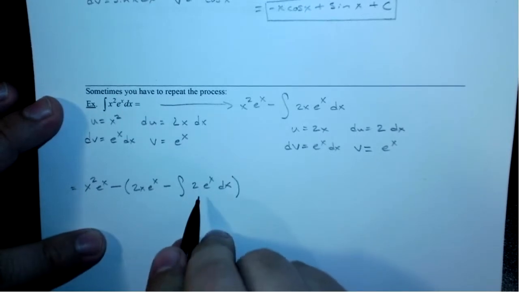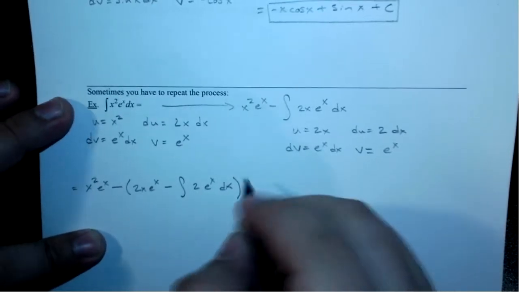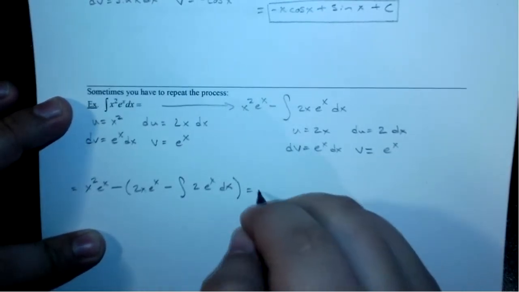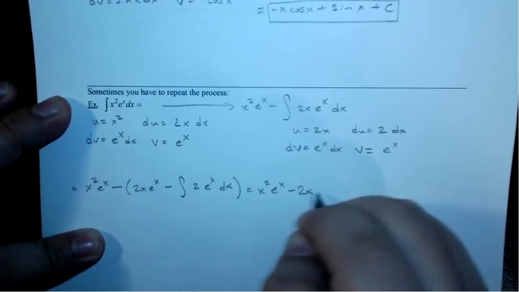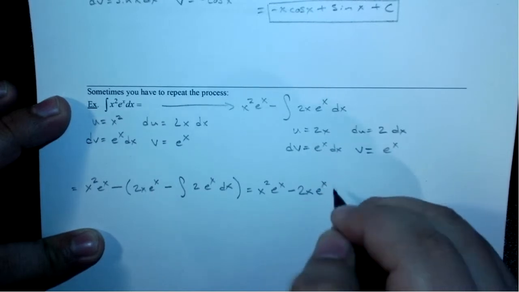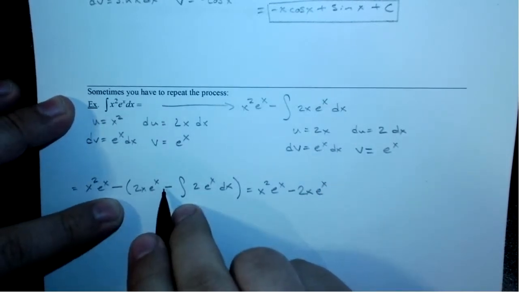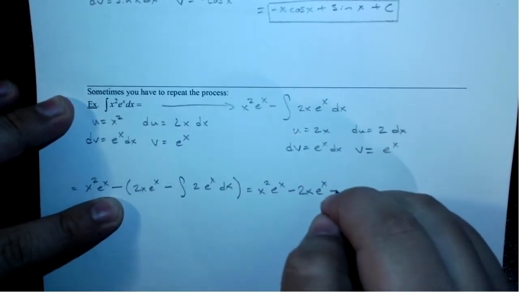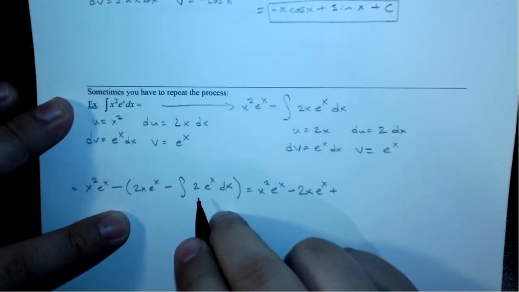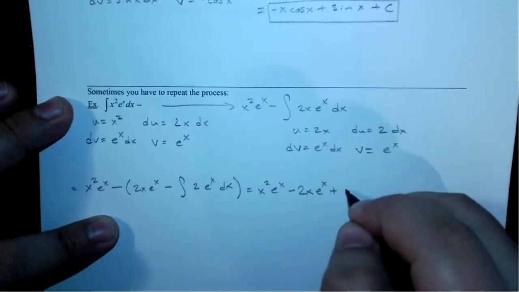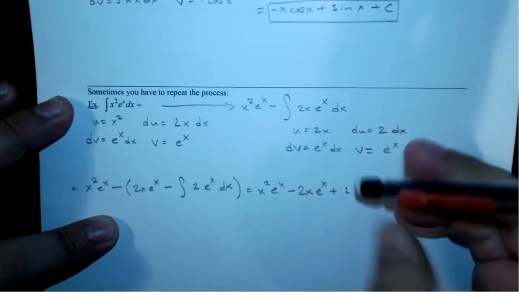Okay, and now we can do this one easy. So this becomes x squared e to the x minus 2x e to the x. Minus and a minus is a plus. The integral of 2e to the x is just 2e to the x.